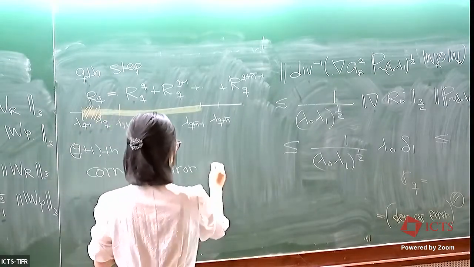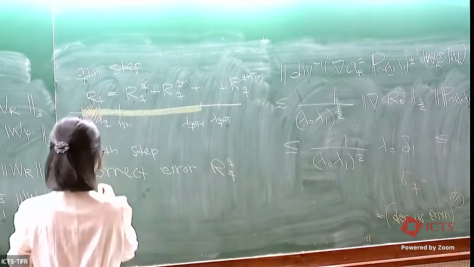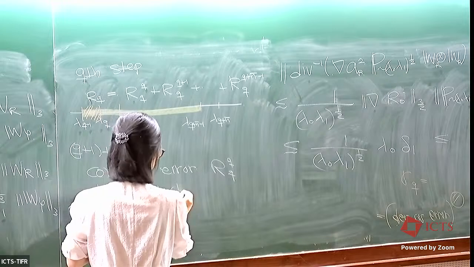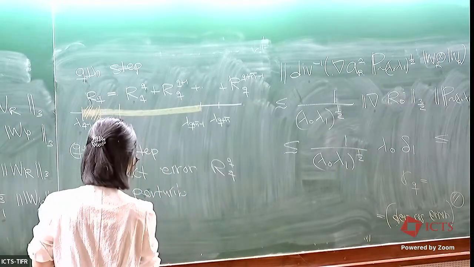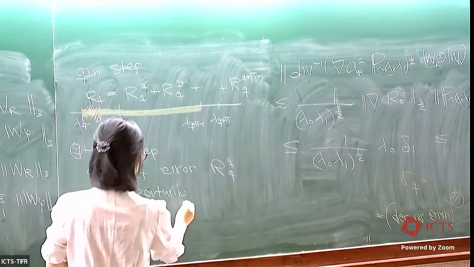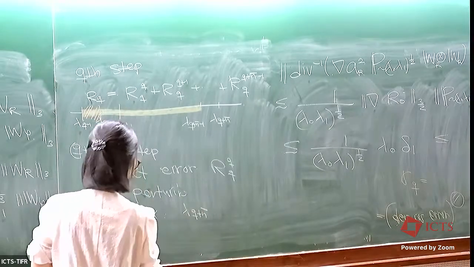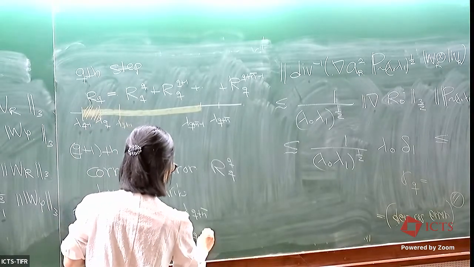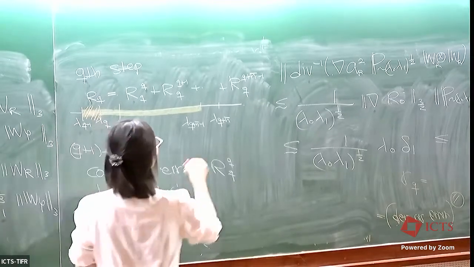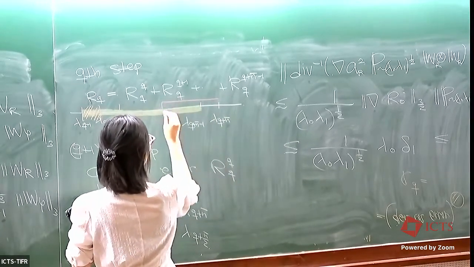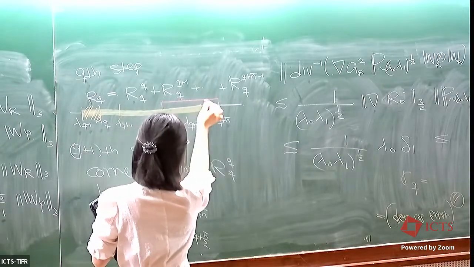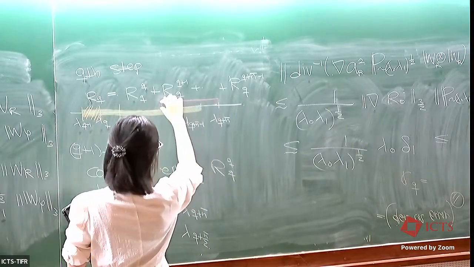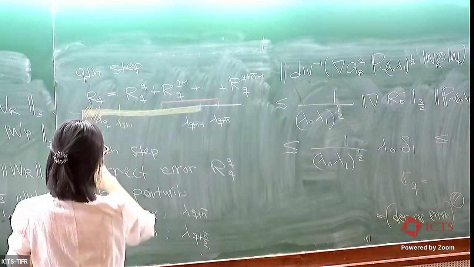This error was RQQ, corrected by the perturbation whose maximum frequency is lambda Q plus n bar, and the minimum frequency is lambda Q plus n bar over 2. So this will generate again error in this range. Then, combining the remaining error with the newly generated error, you have RQ plus 1.